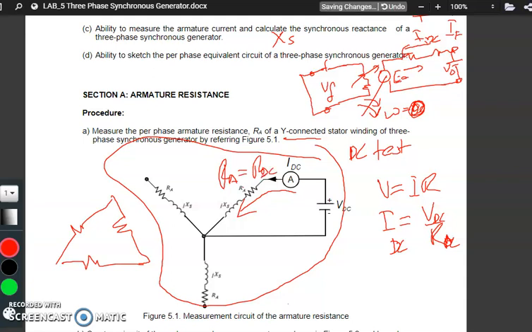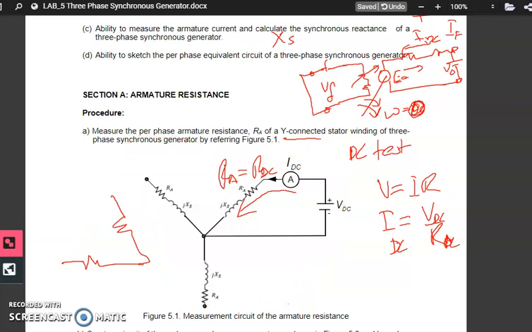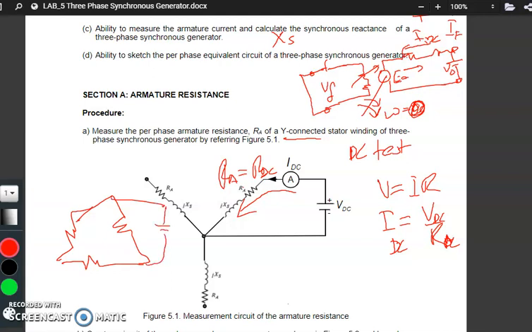But let's say we are going to measure in terms of this circuit, if the machine is connected in delta. If we apply DC here, we have IDC and VDC, but the current will be dispersed into 2 RA.